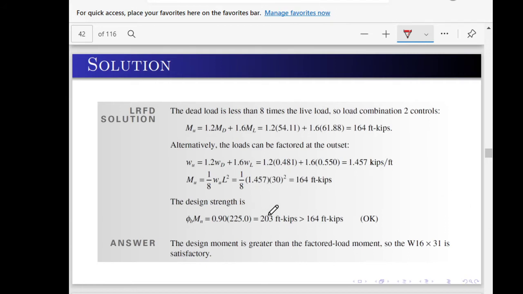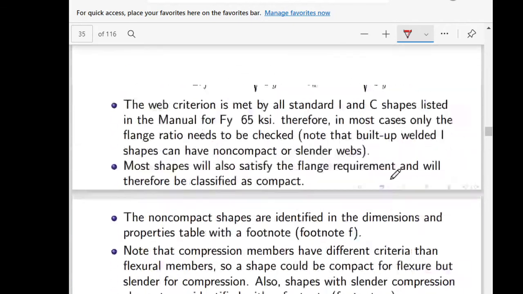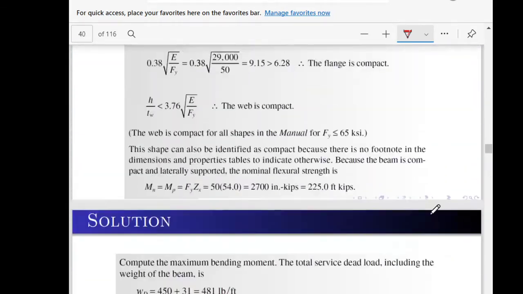So the design strength, the resistance factor here is 0.9, as discussed earlier.